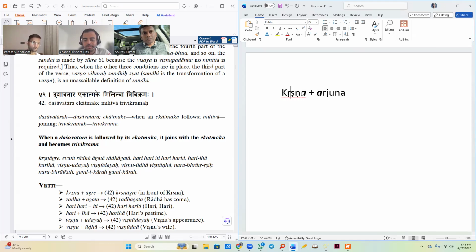If we study compounds, samasas, like Krishnasya Bhakta becomes Krishna Bhakta, the devotee of Krishna. Krishnasya means of Krishna, and Bhakta means devotee. When we compound it, we get a single word, Krishna Bhakta.